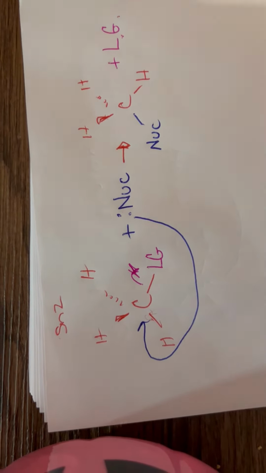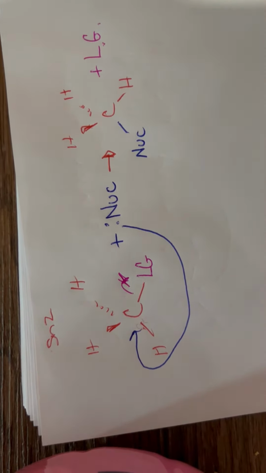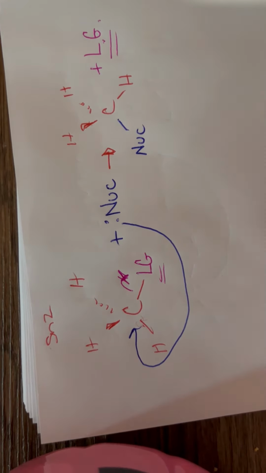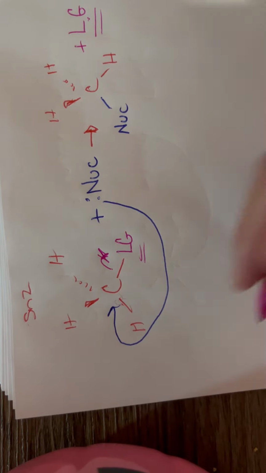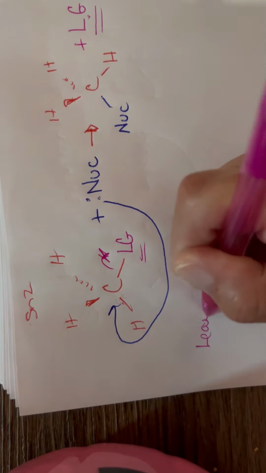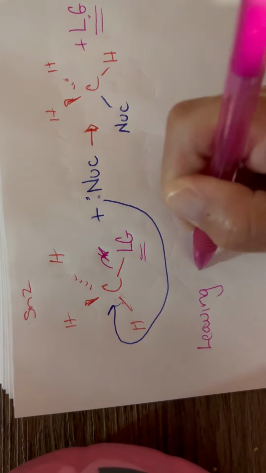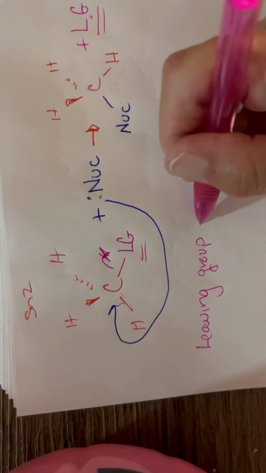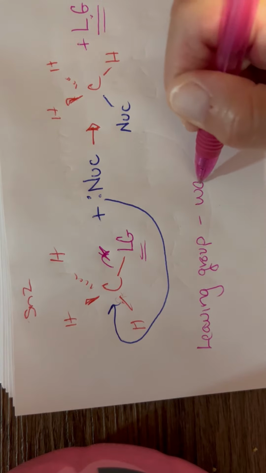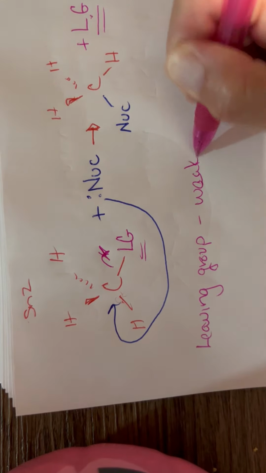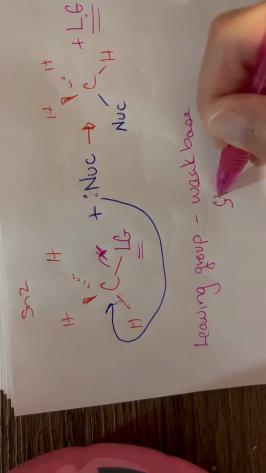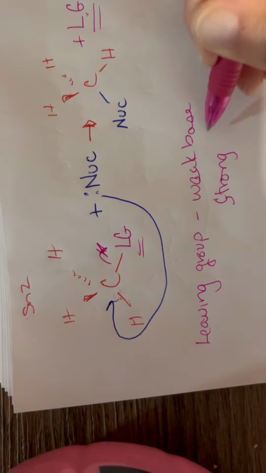And the focus of this little video will be the role of the leaving group. So if you remember, we talked about the leaving group, and the leaving group should be a weak base and have a strong conjugate acid.